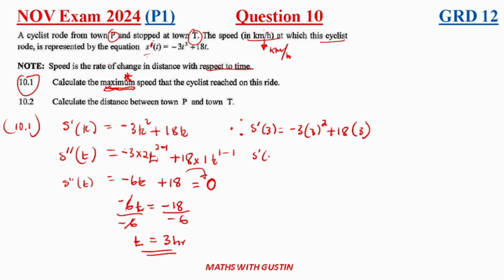Then we'll find that the maximum speed, which is reached at 3 hours, is 27 kilometers per hour. So this will be our maximum speed, guys. Great stuff. So that's how you would deal with that one.